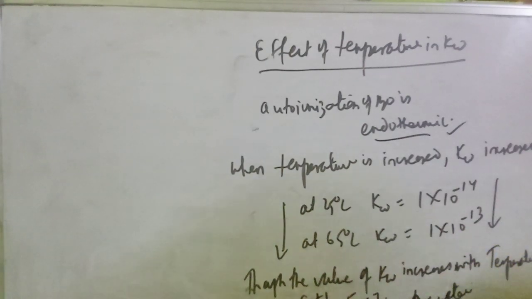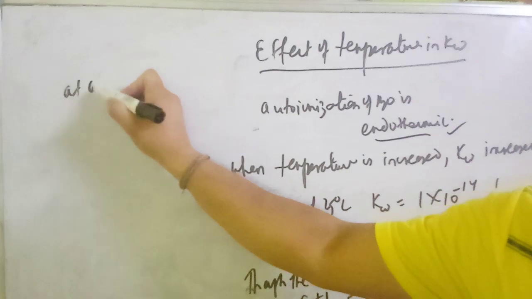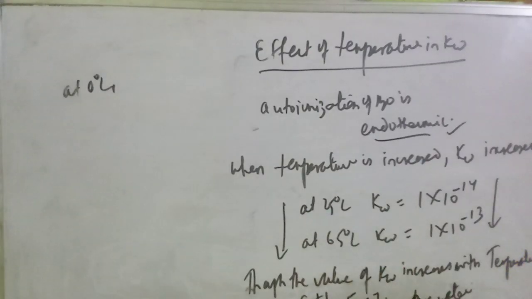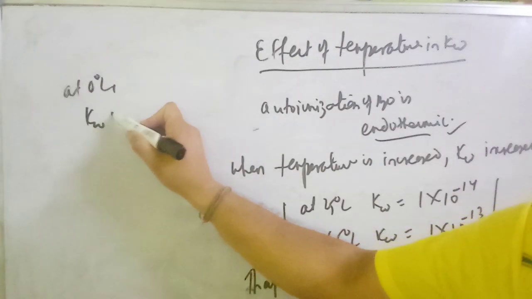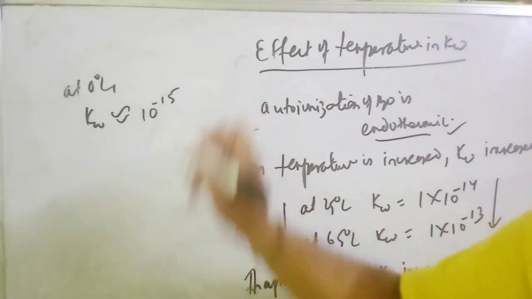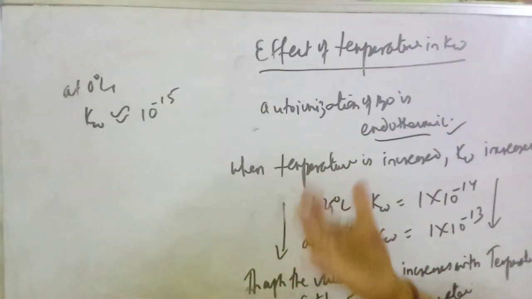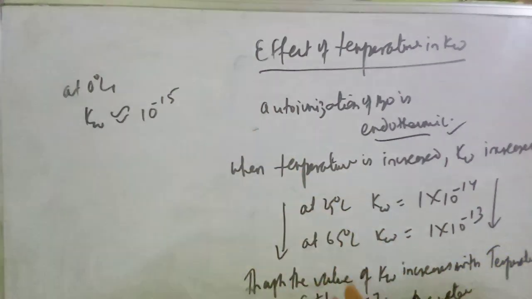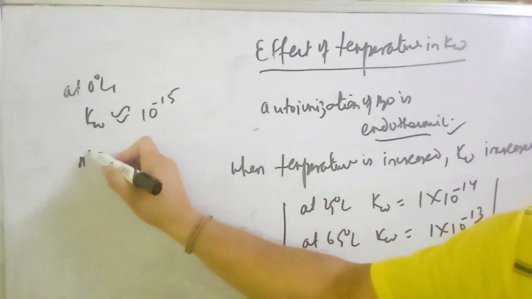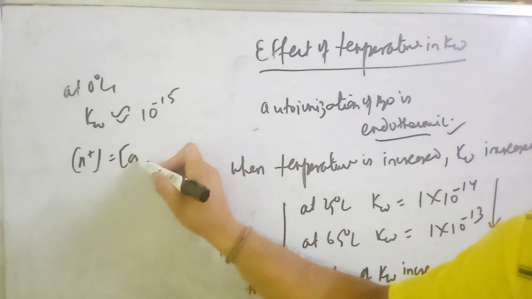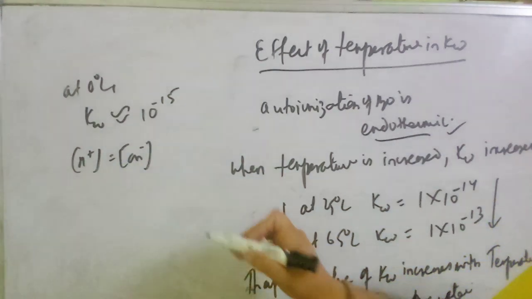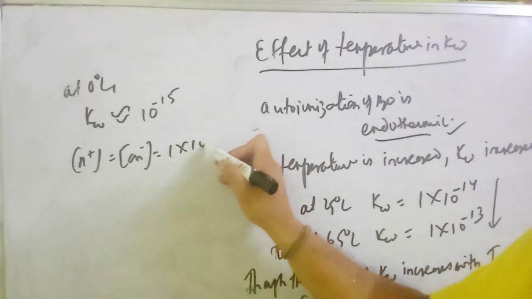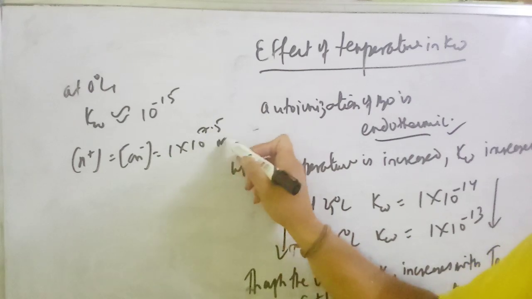For example, at 0 degree centigrade, Kw is nearly equal to 10 to the power minus 15. Okay, that is less, because if you decrease the temperature, then the Kw value decreases. With 10 to the power minus 15, H plus ion is equal to hydroxide, in this case 1 into 10 to the power minus 7.5 molar.